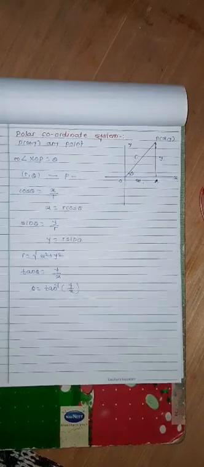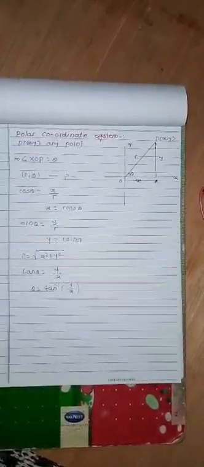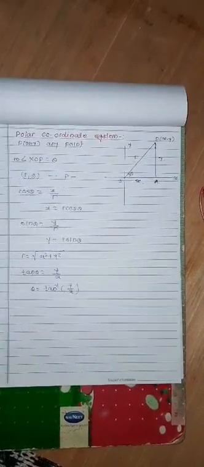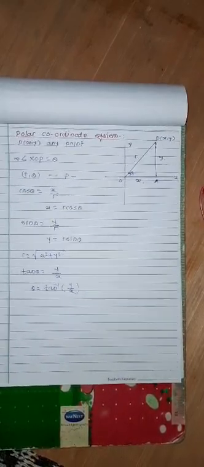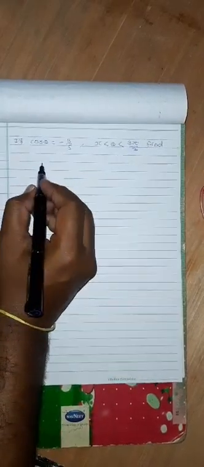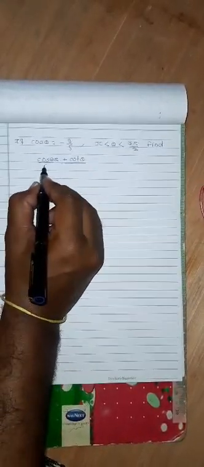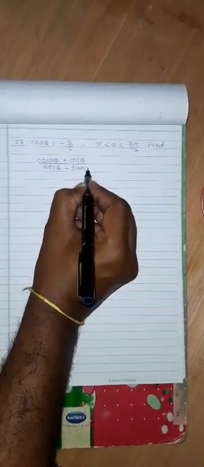Suppose we have to find the value of trigonometric functions if some equation is given. Take the example: if cos of theta is equal to minus 3 upon 5, with the condition that pi is less than theta is less than 3 pi by 2, then find cosec of theta plus cot of theta divided by sec of theta minus tan of theta.